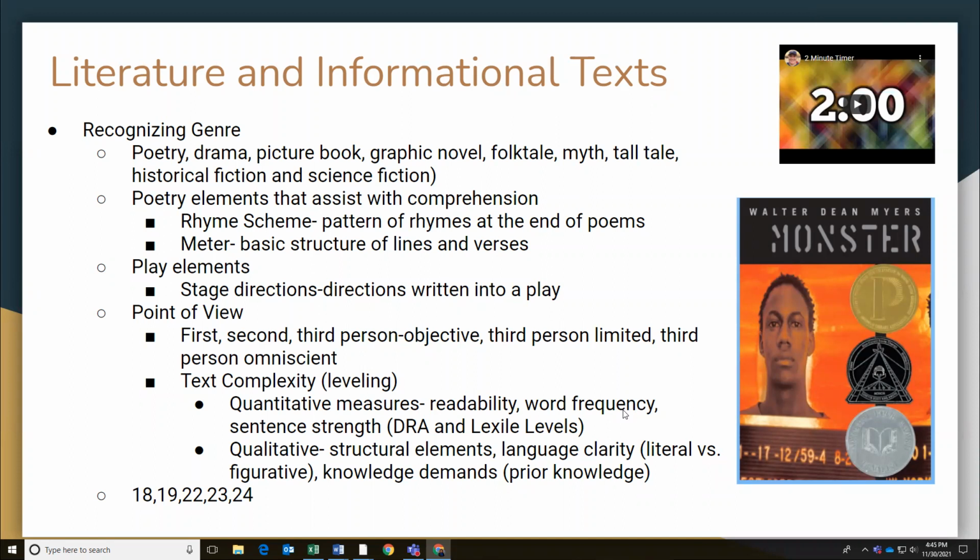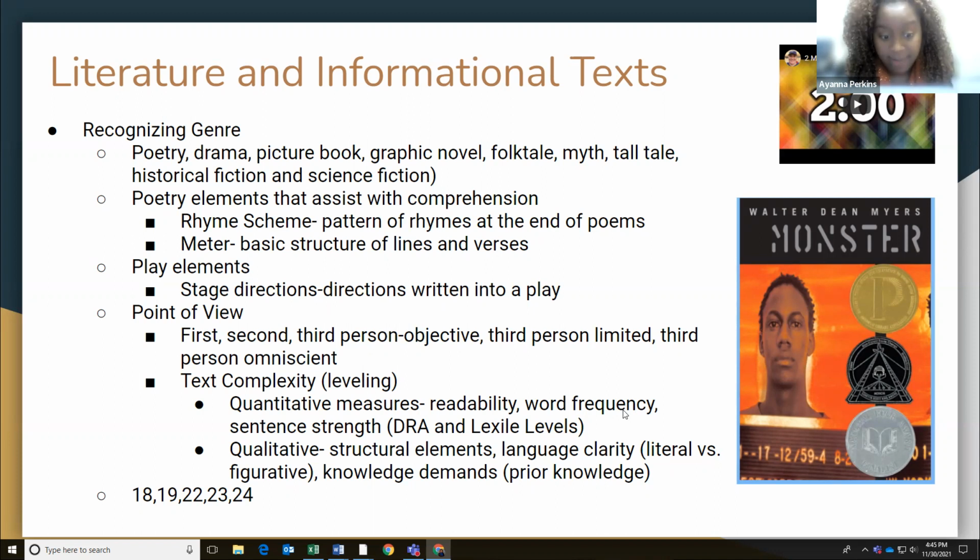There's also a program called News ELA, and News ELA also uses Lexile levels to level what a student is reading and kind of understand it. Monster is a great example of this. In terms of readability and word frequency and sentence length, this is a lower level text, but in terms of the issues that they tackle, like racism and social justice, the level is a little bit higher, especially in terms of understanding what they're really getting at.